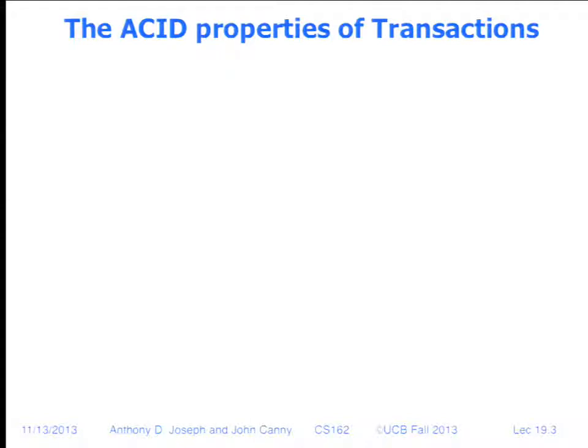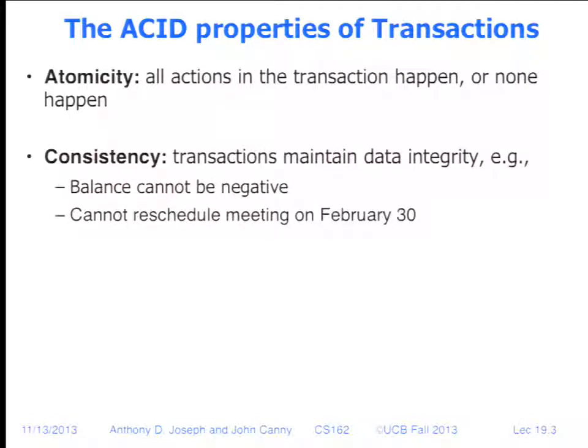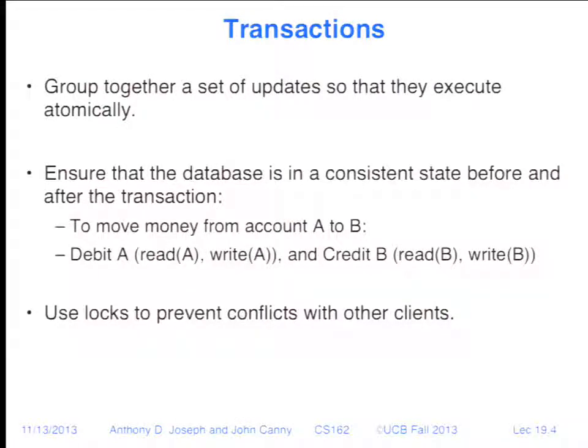All right, so again, with transactions, our goal is to have these four properties, the ACID properties: atomicity, consistency, isolation, and durability, which we discussed last time. So transactions are the fundamental tool that provides these properties globally in the database.